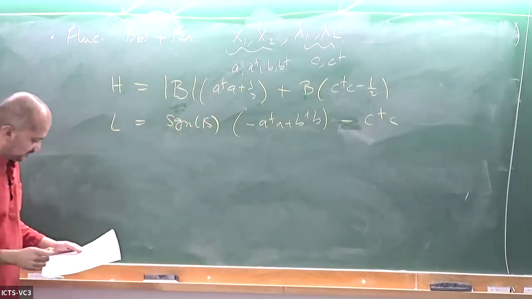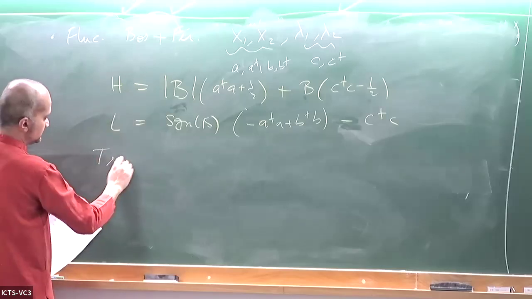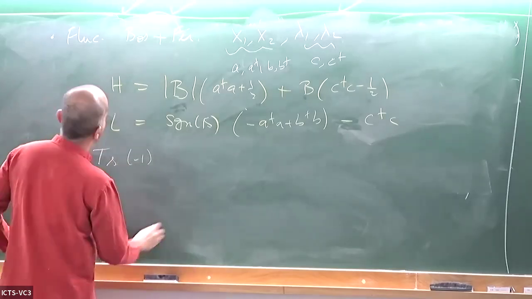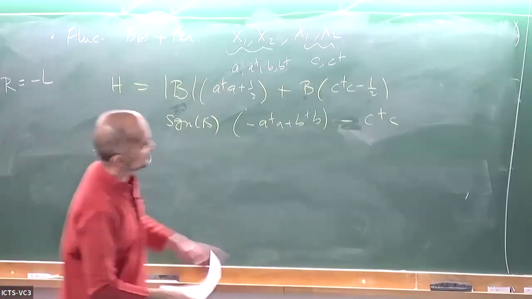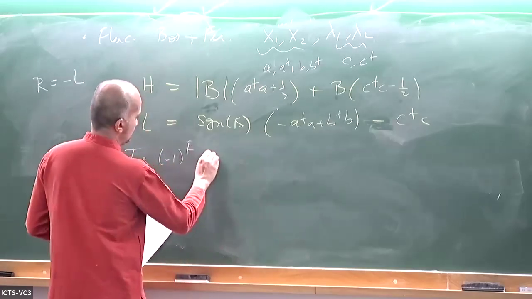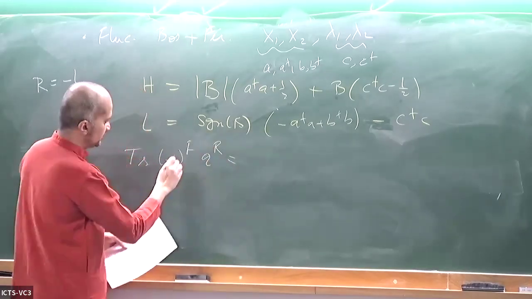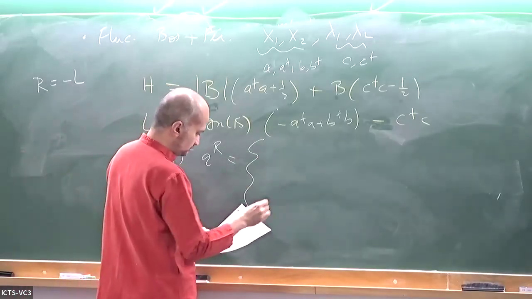Okay. And now I'm going to say something nice, which is that if you just calculate with this trace, I should have said that the R of my original problem is minus L because of some minus sign I introduced somewhere. I think I changed some variables here, this minus sign. So trace of (minus 1)^F Q^R on this super Landau Hilbert space is this.